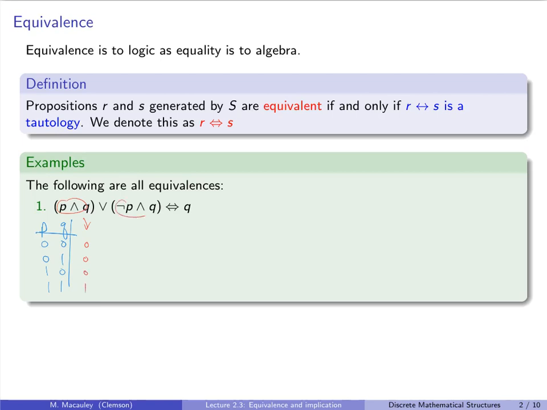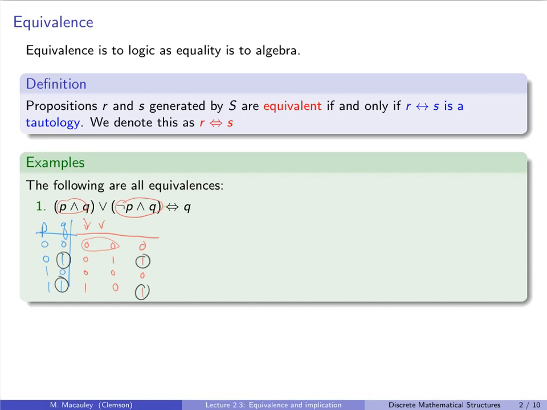And then not P and Q is going to be 0, 1, 0, 0. And so if we're going to OR these things together, then we're going to get 0, 1, 0, 1. And notice that the values where they take 1 is just the same as when Q takes 1. So that's why these two things are equivalent.